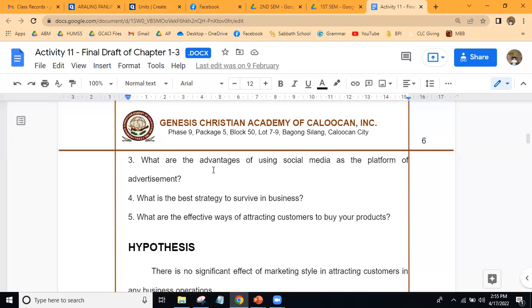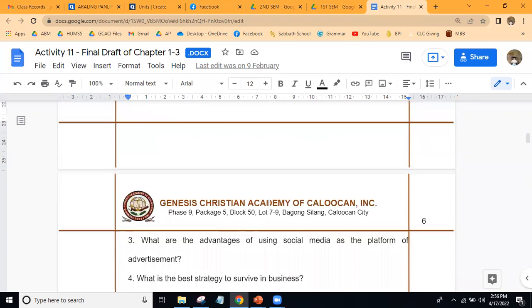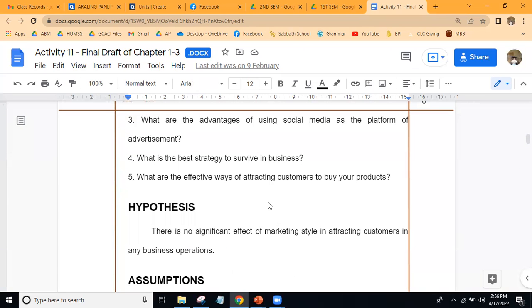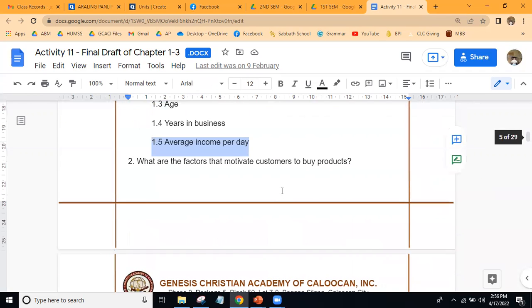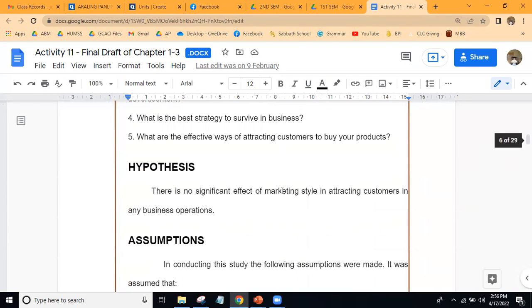So those are the SOP na na-create nitong group na ito, and those questions are related to their topic: unique and modernized marketing style of small business and attracting customers.